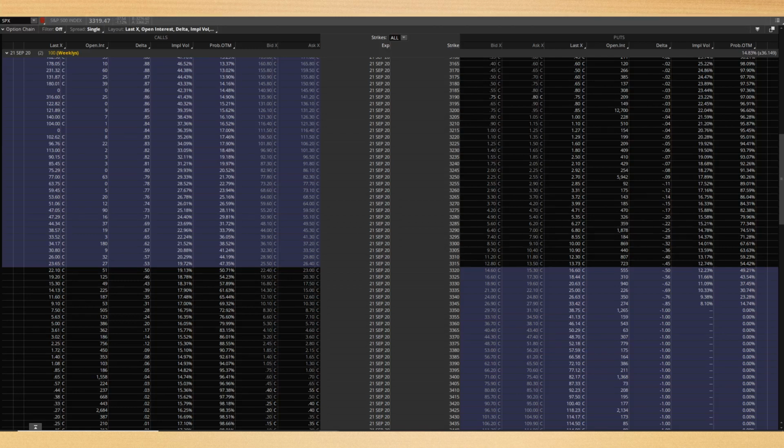Something else that goes along with this is intrinsic value. Intrinsic value is the amount that an option is in the money. We will cover that a little bit further as well.